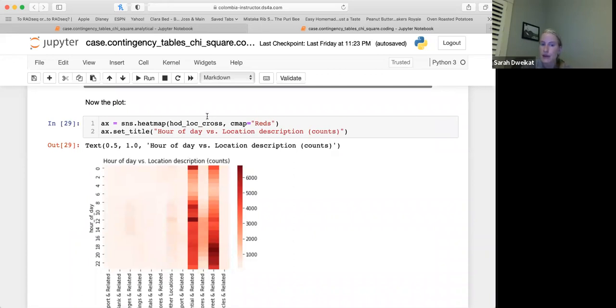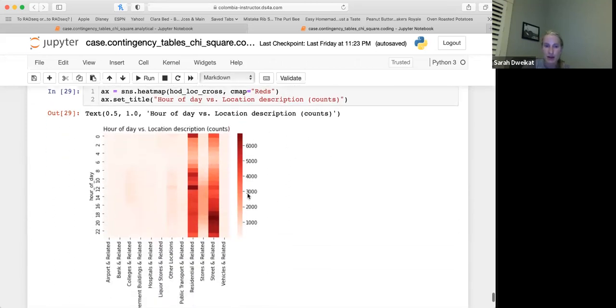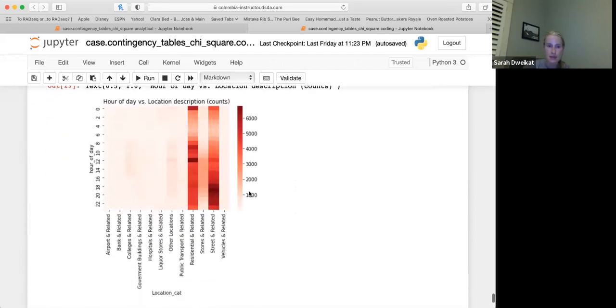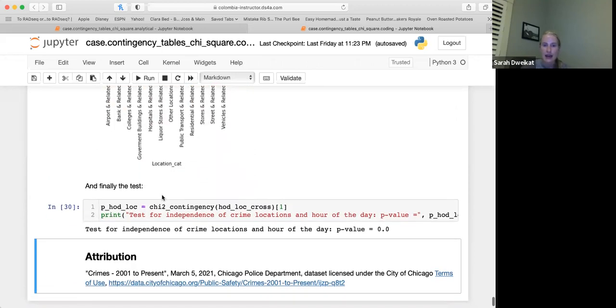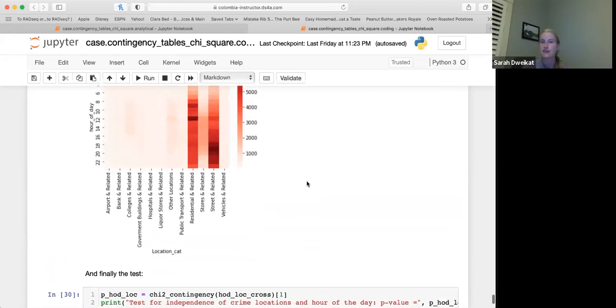So here we're making a heat map of that hour of the day versus location, or you could have done type of crime. We make our title, so it's still using that heat map function. And then again, we just use our chi2 contingency. I know I went really fast through this last part, but again, I encourage you to reference this. We're using the same commands over and over.